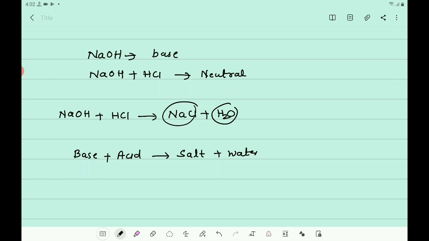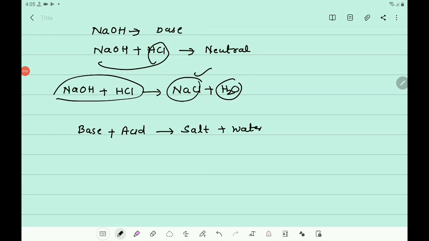So if a few drops of NaOH are added to this mixture again, the mixture becomes pink in color. Again it happened because by adding a few drops of NaOH, the reaction mixture has become basic again.